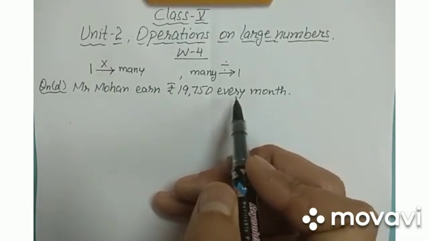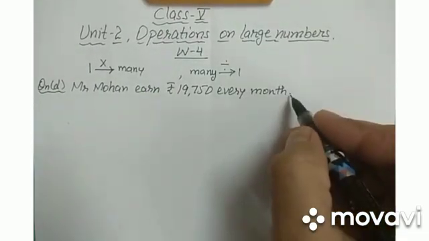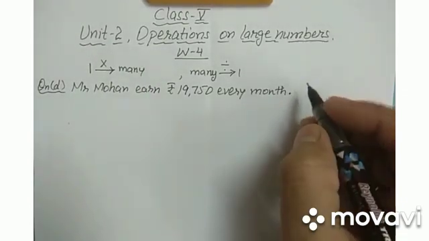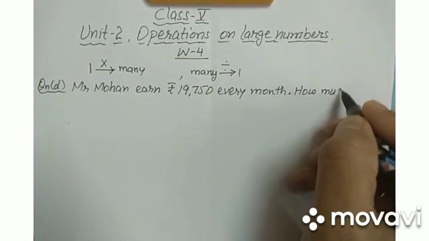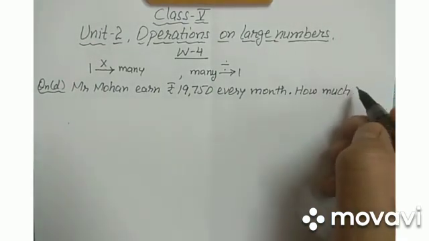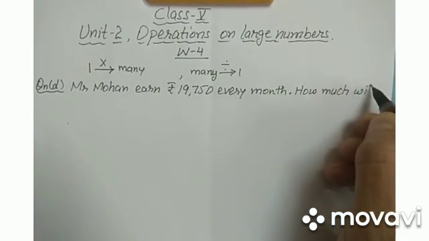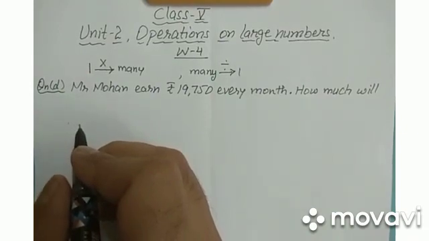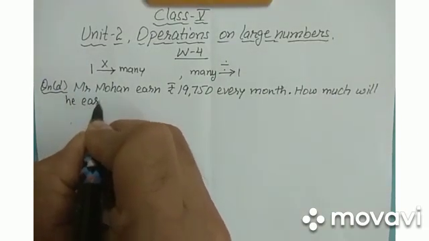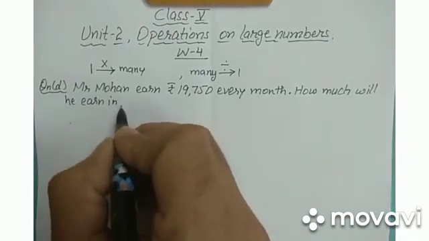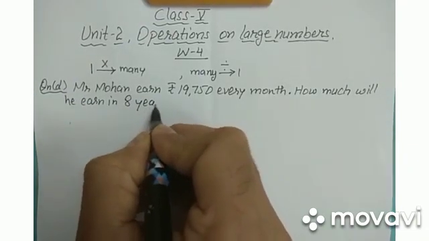Every month means each month, 1 month. Now the question is, how much will he earn in 8 years?